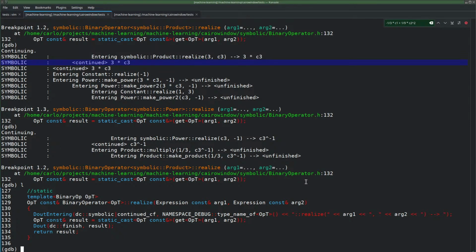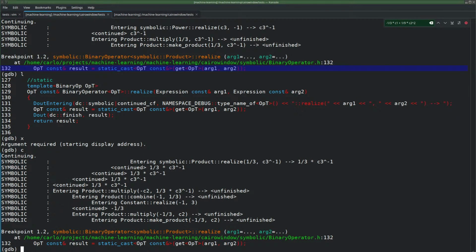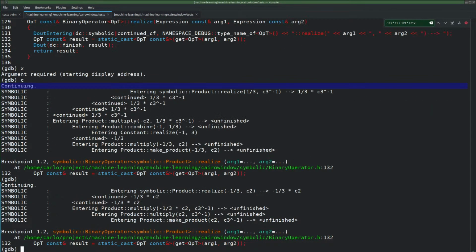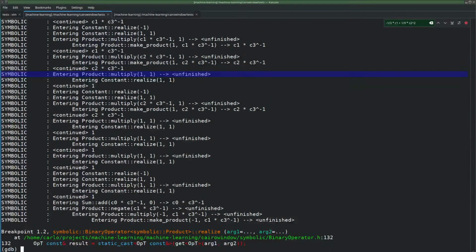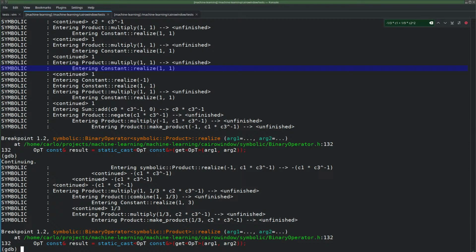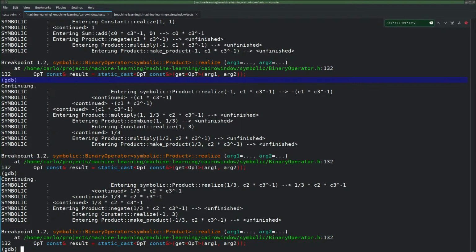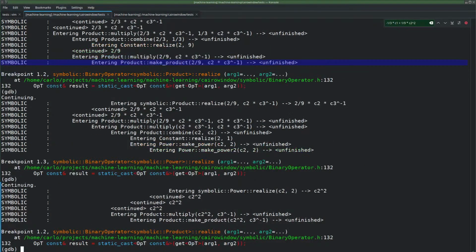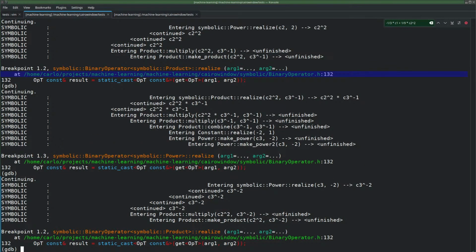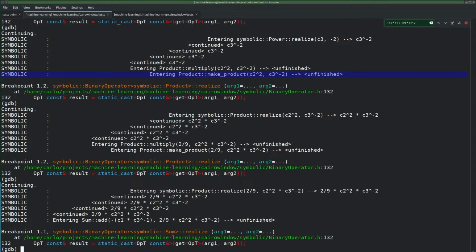So it's some realize, with an arg2 of 0. Continue. Product. So no glue actually. It's always a product. This is a sum.